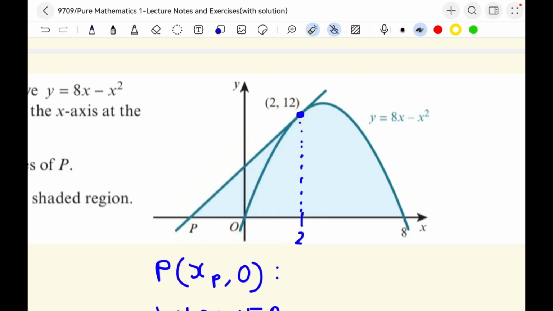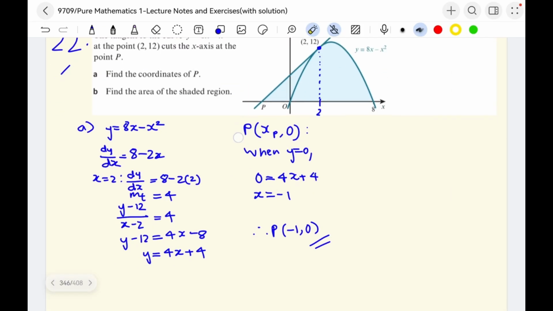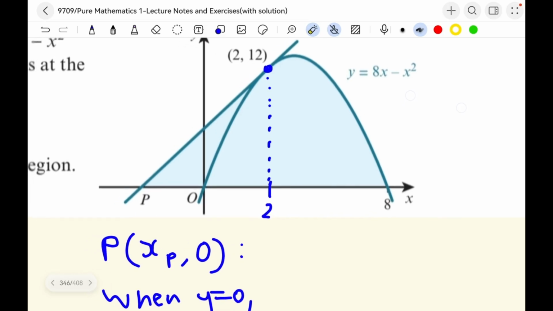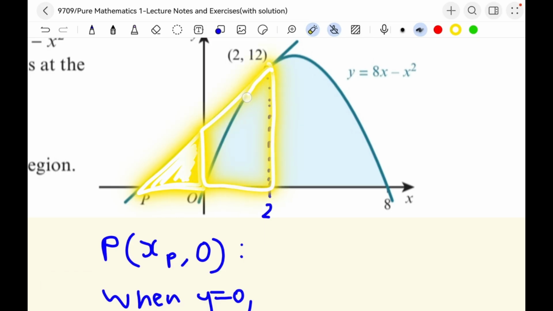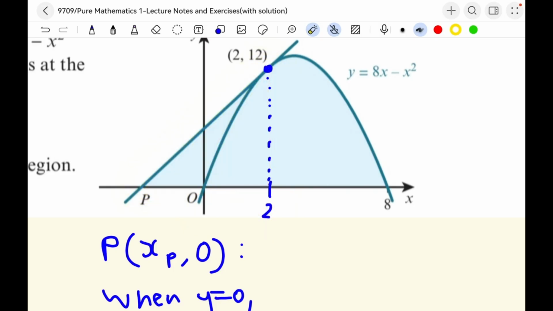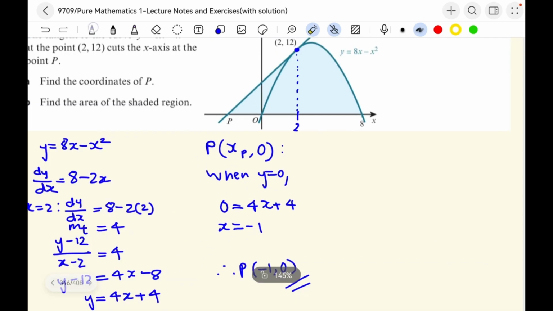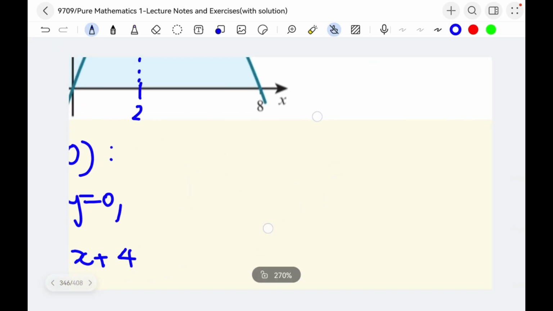Then you find the area of the quadratic curve for these intervals from 2 to 8. Okay? But I tend to follow the alternative method, which is to find the area of this triangle first, then the trapezium, minus the area under the curve from 0 to 2, and then the area under the quadratic curve from 2 to 8. Alright? So this is how I think.